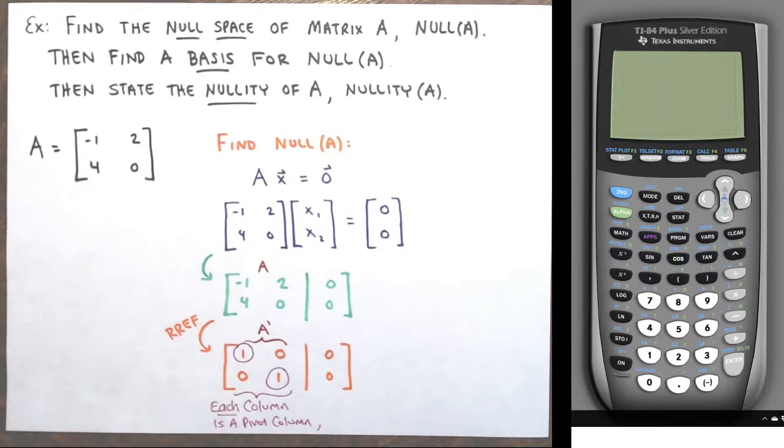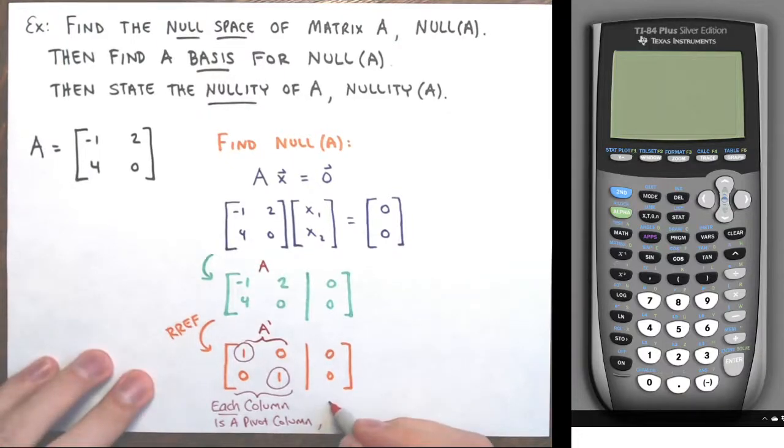Sorry about the double negative there, but that means that there aren't any non-pivot columns.